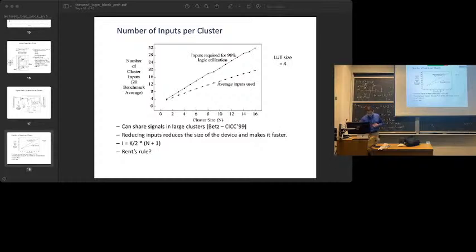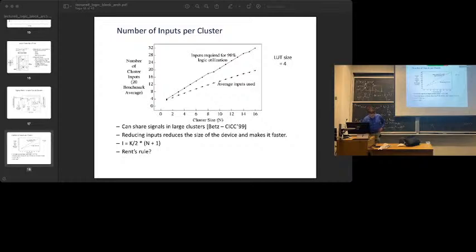So to use 98% on average of the lookup tables in a logic block, they needed a gradually increasing number of inputs. It makes sense that as they put more and more lookup tables into the logic cluster, they need more inputs to it, but they don't have to make them all available.